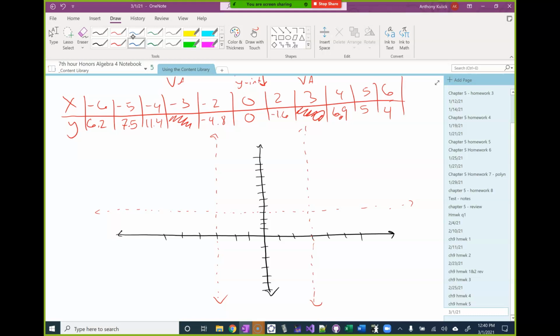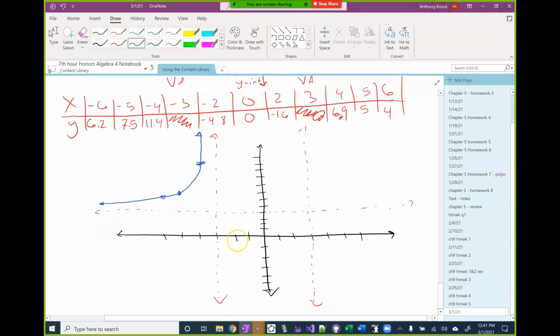Anyways, so start graphing. So -6 and 6.2 is like here-ish. -5 and 7.5 is like there. And then -4 and positive 11.4 is like there. Everybody cool there?